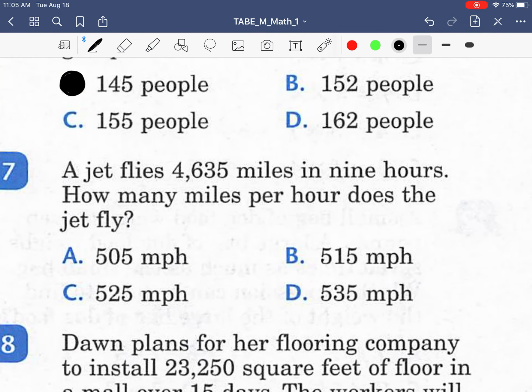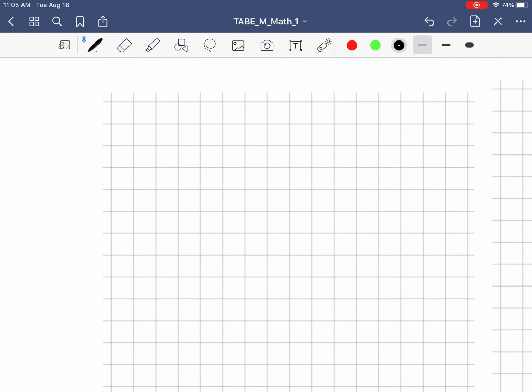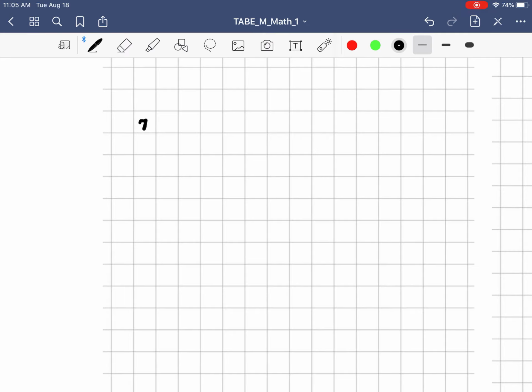Okay, number 7. A jet flies 4,635 miles in 9 hours. How many miles per hour does the jet fly? So we are going to go with division again. No surprise there, since that's the title of our lesson.